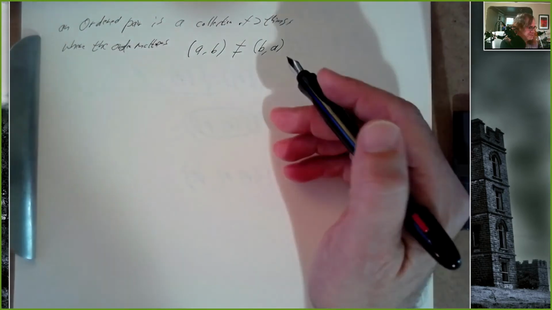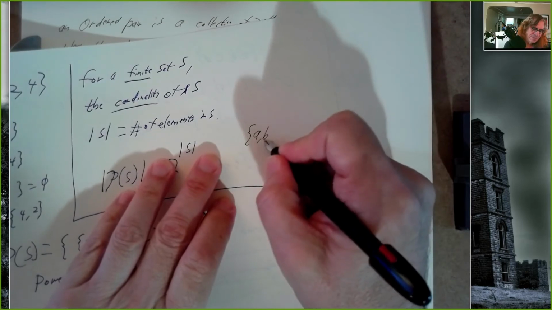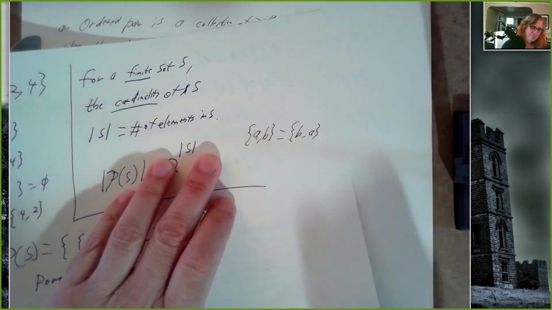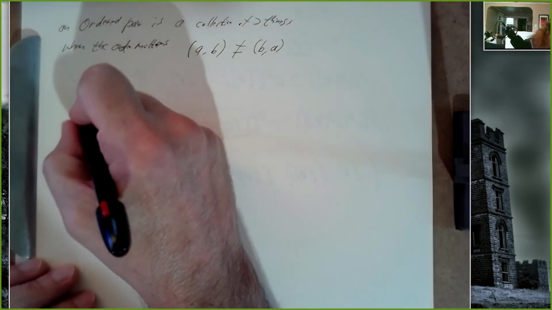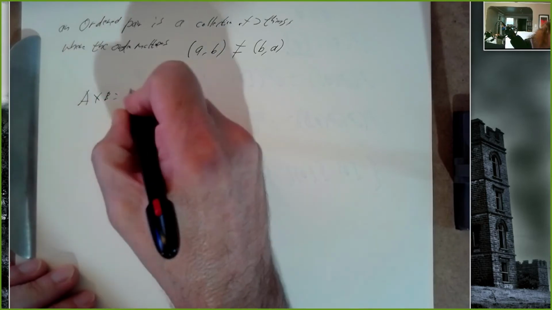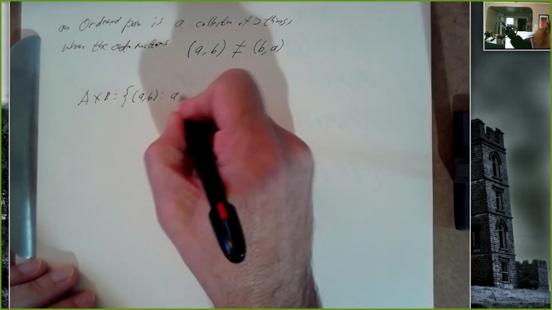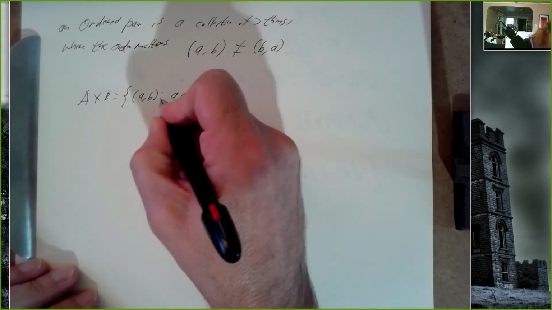Okay, that's fundamentally different from set theory, where, for example, the set AB is exactly the same as the set BA. Okay, these are different. And so given two sets A and B, the cross product, remember, is a collection of ordered pairs where A comes from the first set and B comes from the second set.